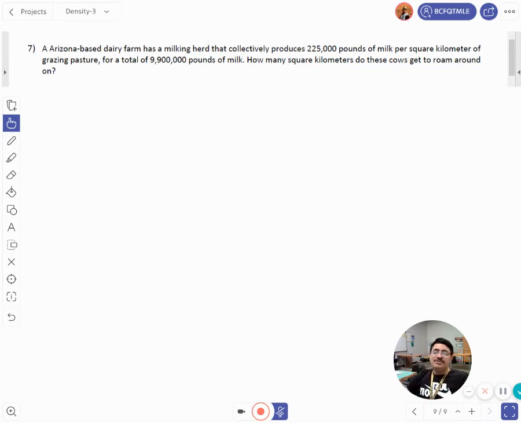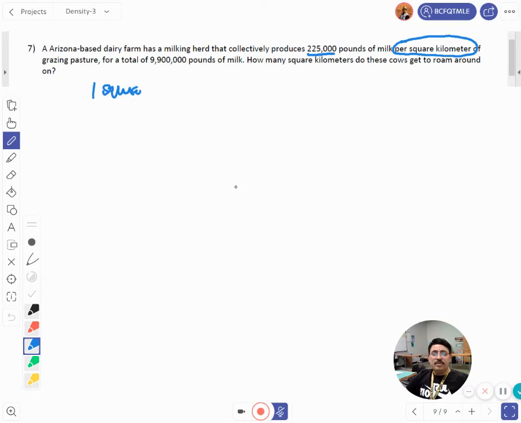An Arizona-based dairy farm has a milking herd that collectively produces 225,000 pounds of milk. Okay, so let me copy the information first. 225,000 pounds of milk per square kilometer. So per 1 square kilometer it is 225,000 pounds of milk.